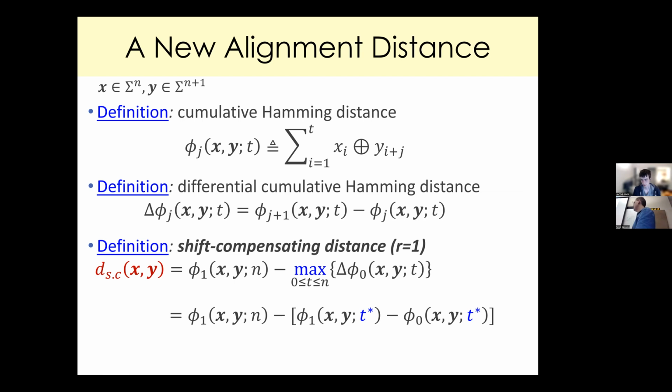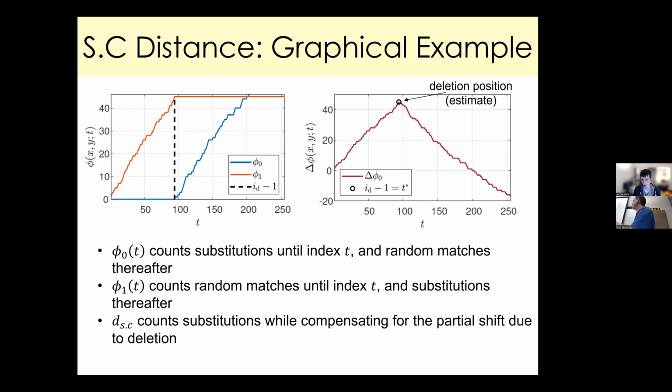We define it to be some deterministic function minus something that we have to maximize. So we have an extra step of maximizing it across the T. And that's what we declare as the shift compensating distance between X and Y. Now that maybe will not tell you why it's a good idea, but let's see this example.